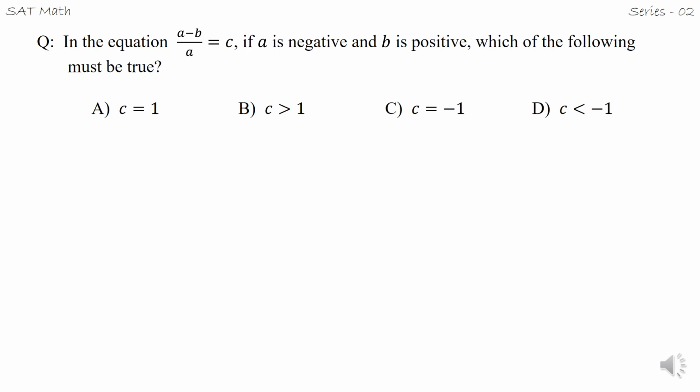Okay, in this question, an equation is given: 1 minus b over a equal to c. And if a is negative and b is positive, which of the following is true? Let us write the equation in terms of c.